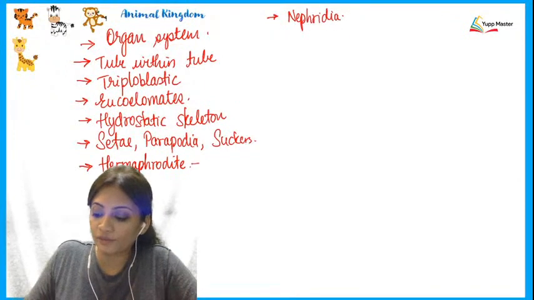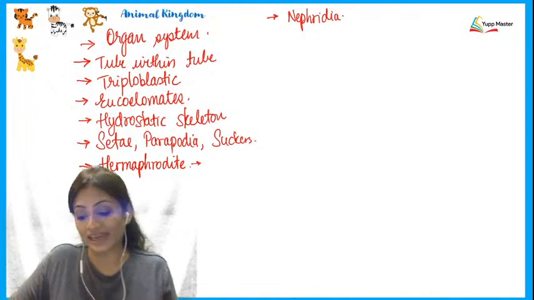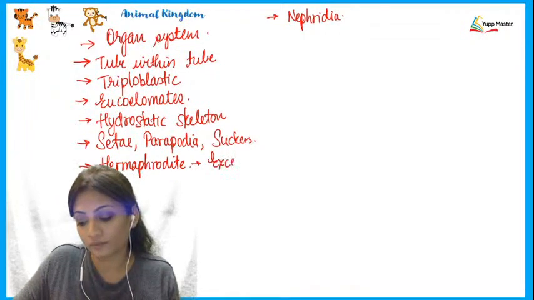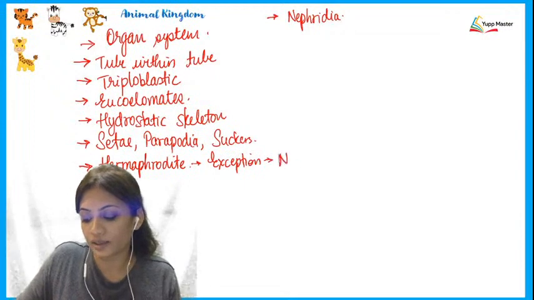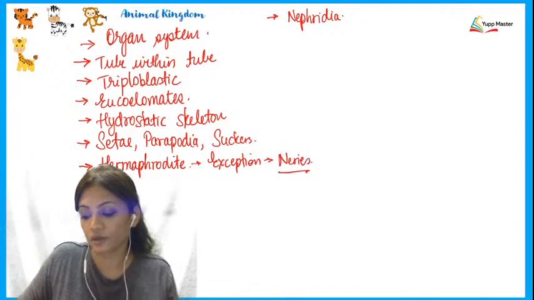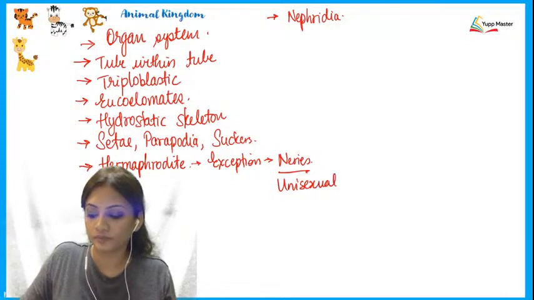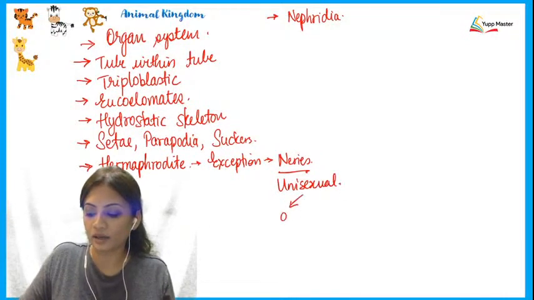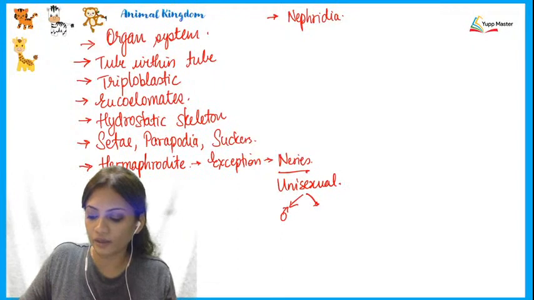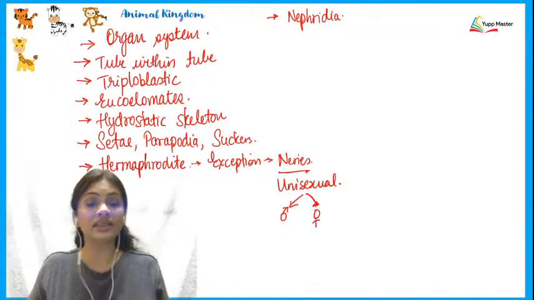Hermaphrodite, what was the exception? An exception was Nereis, which was unisexual, where you would have a male and a female in separate worms.